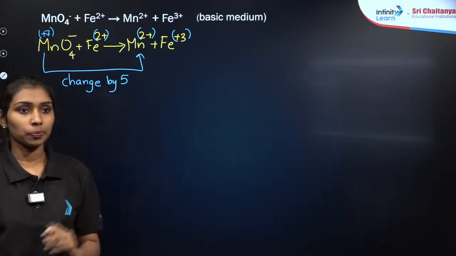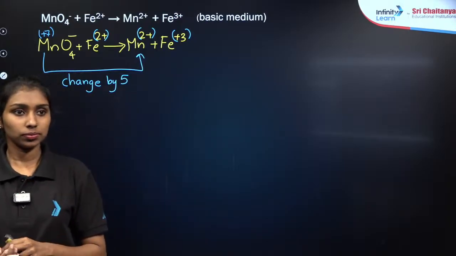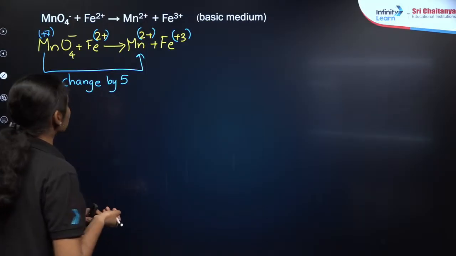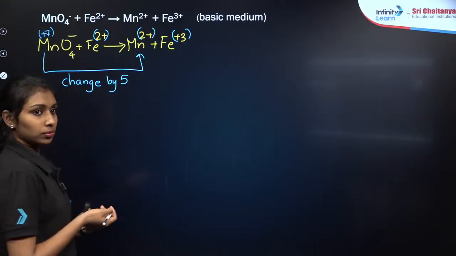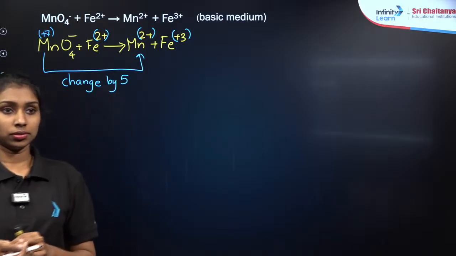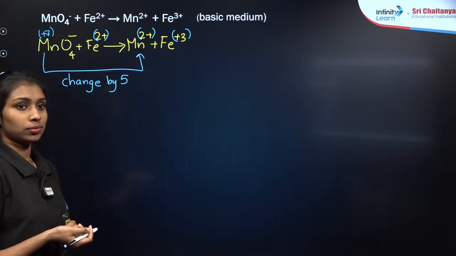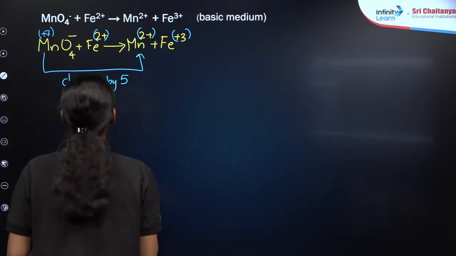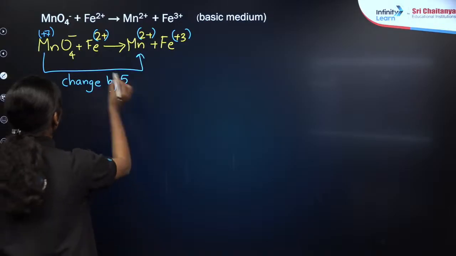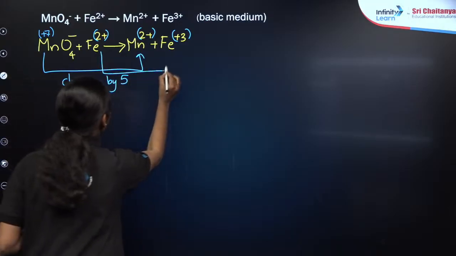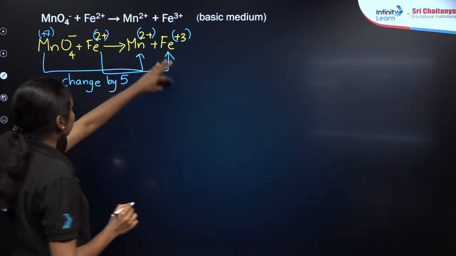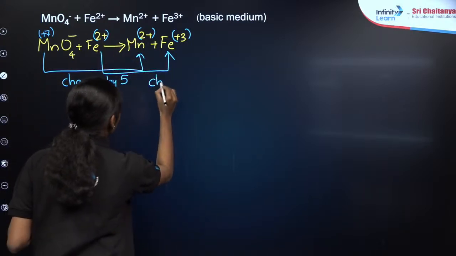Is there any doubt? Then what about the oxidation here? Fe2 plus is changing from plus 2 to plus 3, which means change by 1.